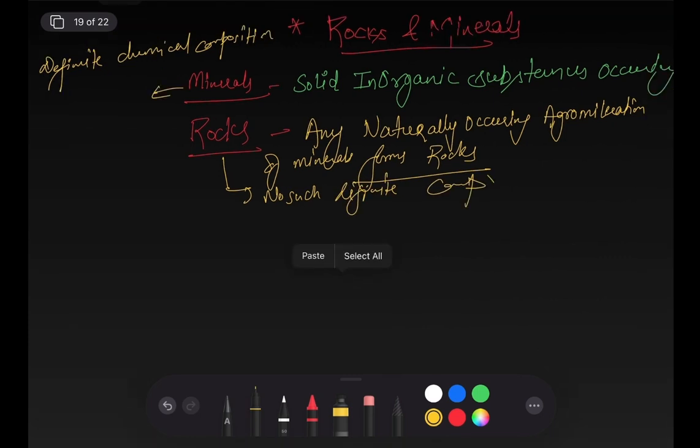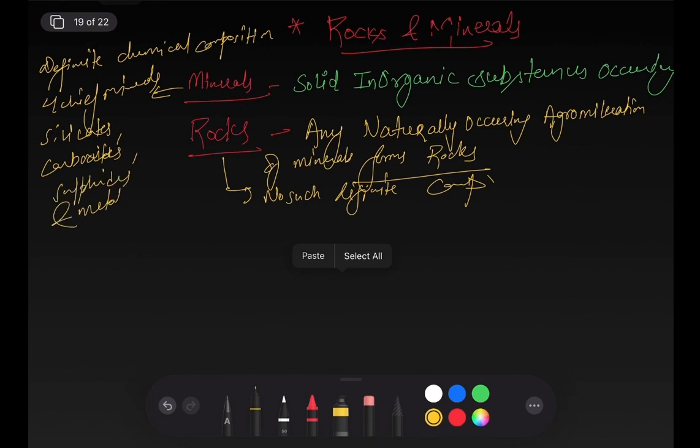There are four chief minerals: silicates, carbonates, sulfides, and metallic minerals.